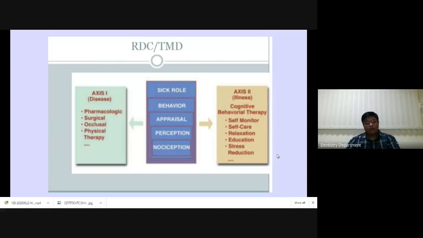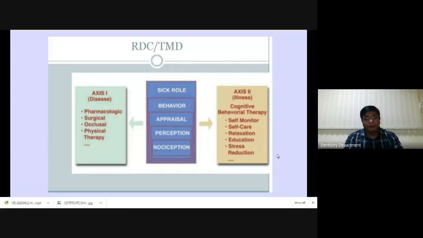Through axis 1 you can treat through pharmacological, surgical, occlusal, etc. But you have to address axis 2 also, through cognitive behavioral therapy like self-monitoring, self-care, stress reduction, etc. When you put forth these 2, you will get a real relief for those patients.